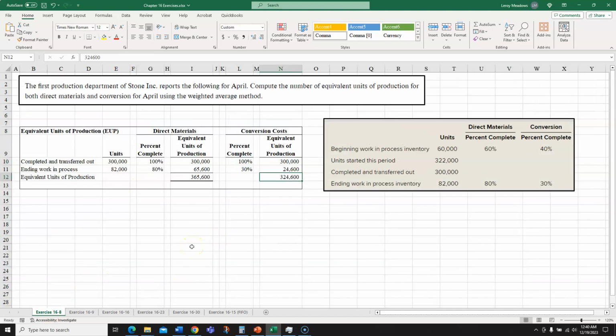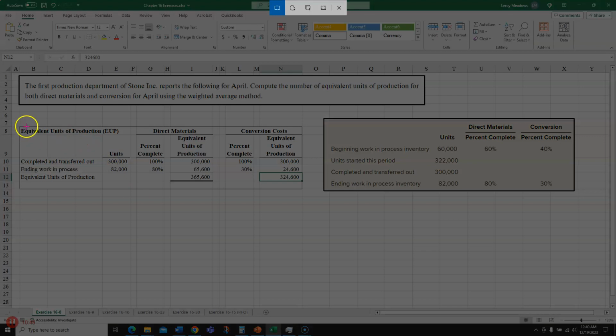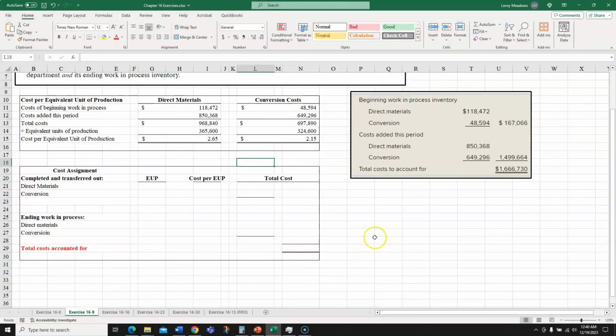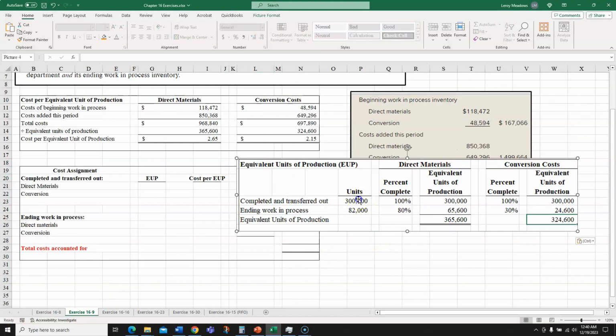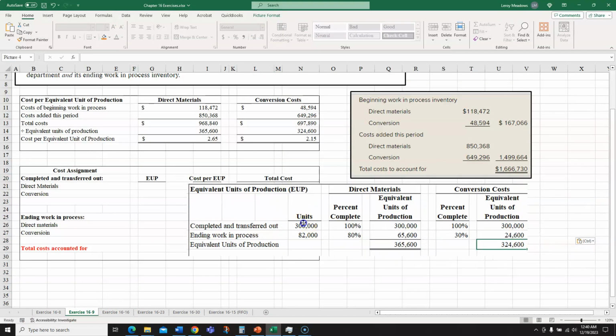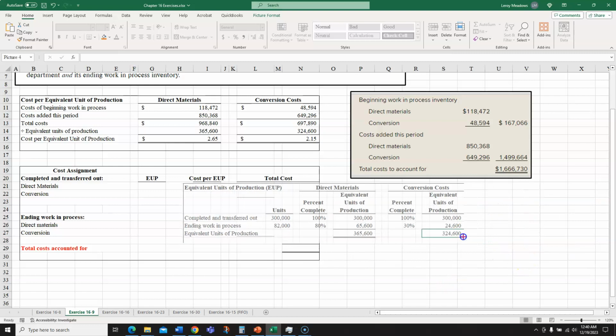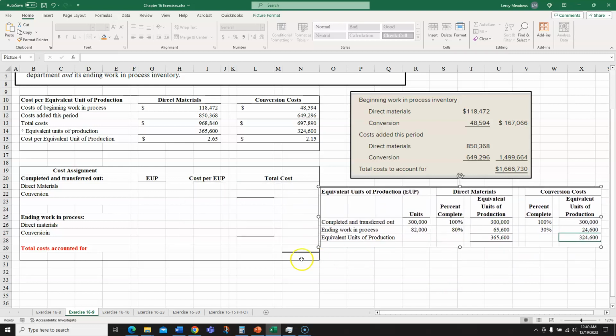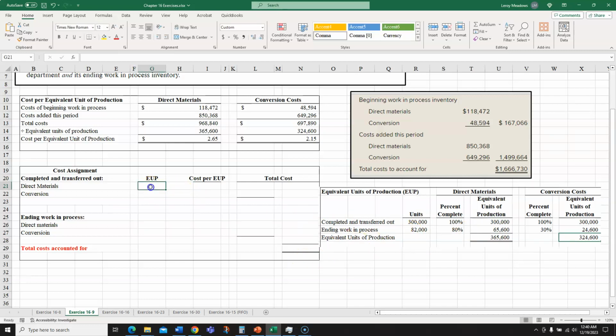So I want to go ahead and probably just screenshot that, just so I don't have to keep going back and forth. And I'll make that a little bit smaller. Okay. So completed and transferred out, I had 300,000 units. And the cost per equivalent unit for direct materials is what? $2.65.